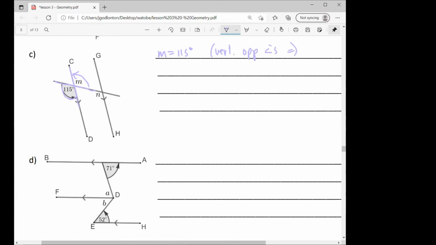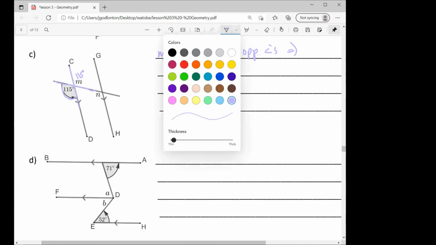Good. That is right. N is definitely 115.